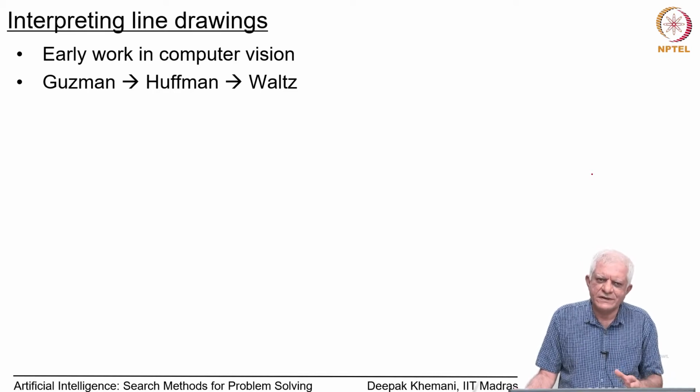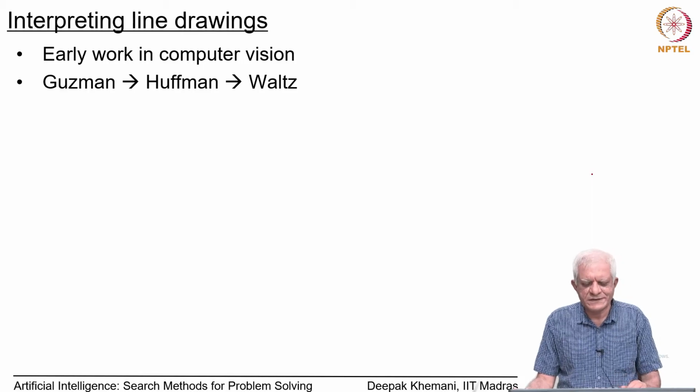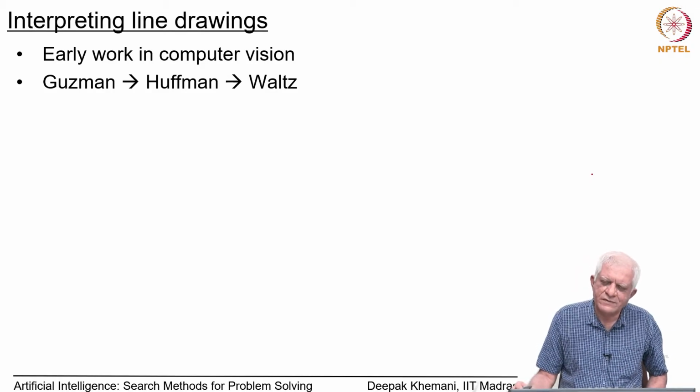And eventually came David Waltz, who gave an efficient algorithm for solving the line drawing problem, which is also sometimes called Huffman-Clowes labeling, by an efficient constraint satisfaction algorithm, essentially. So, let us look at what Huffman was saying. We will come back to Waltz in a later class.